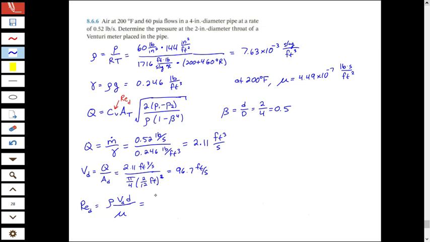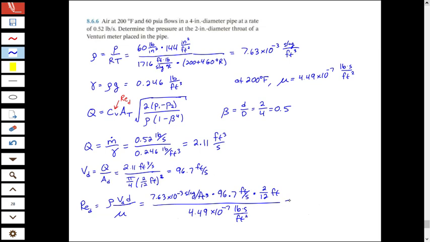All right, so then we will have 7.63 times 10 to the negative third slugs per cubic foot times 96.7 feet per second times 2 inches converted to feet. Viscosity, 4.49 times 10 to the negative 7th pounds seconds per foot squared.